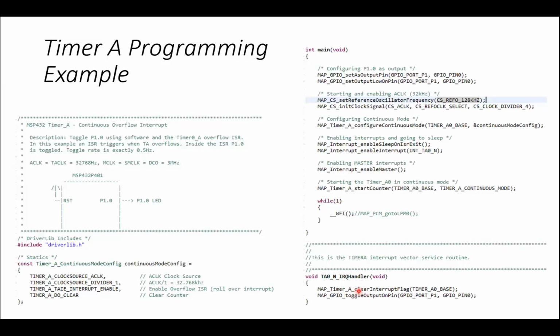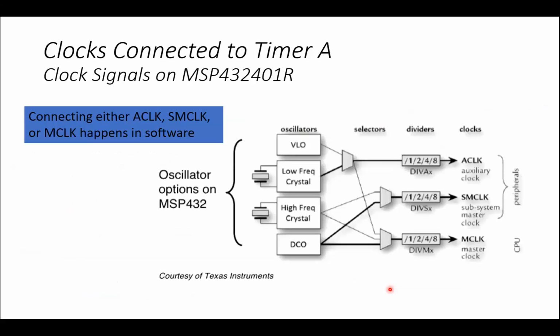The interrupt service routine is simple. Whenever you go there, and you will go there when you reach F, you will toggle the output on pin 1.0, so the LED will blink. And also an important step here is that you must clear the interrupt flag, this CCIFG.